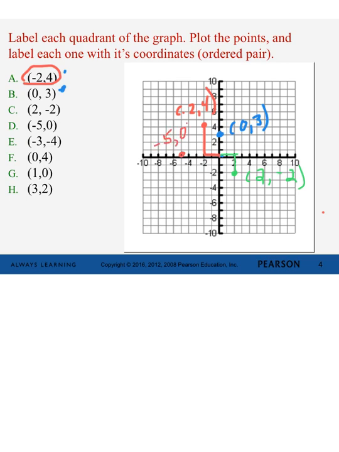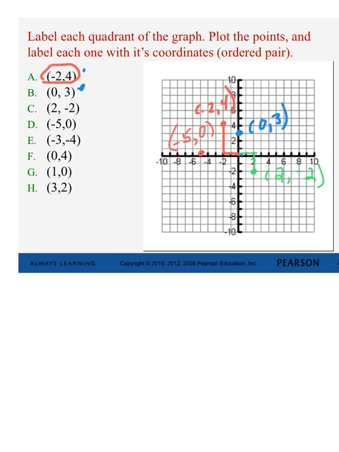And the point -3, -4, we're going to count left 1, 2, 3, and down 1, 2, 3, 4. Just going to put us here at the point -3, -4.